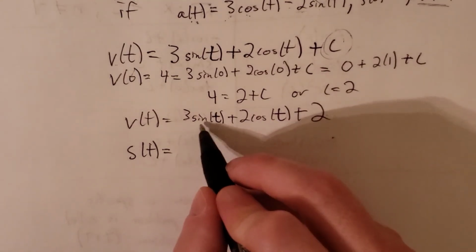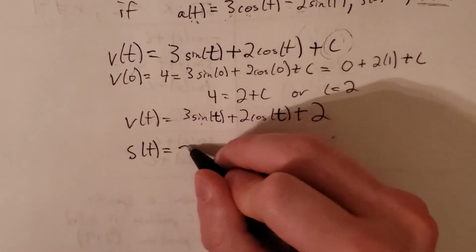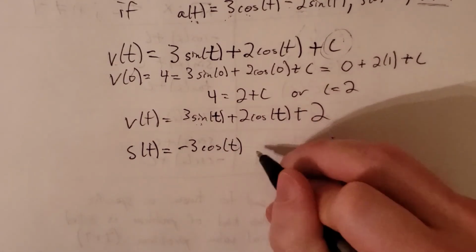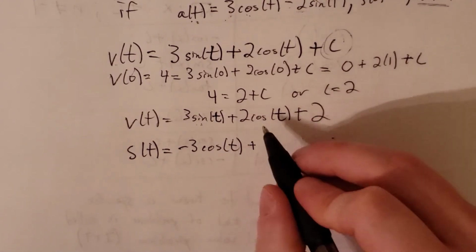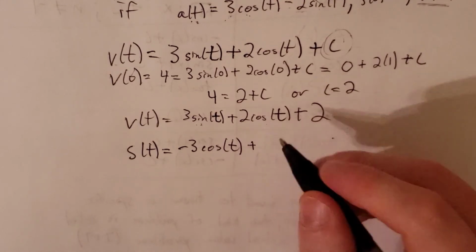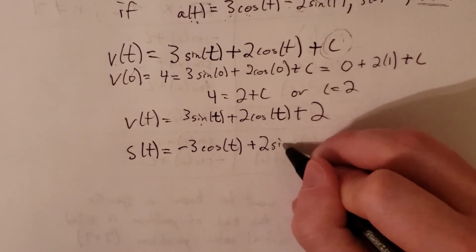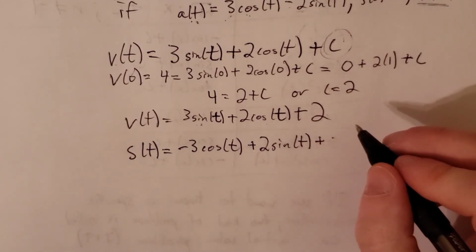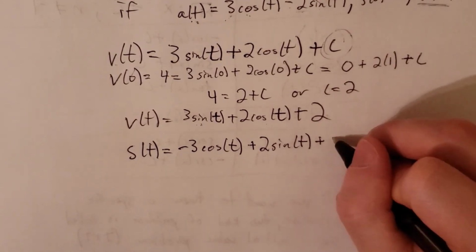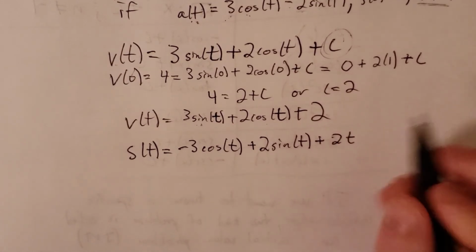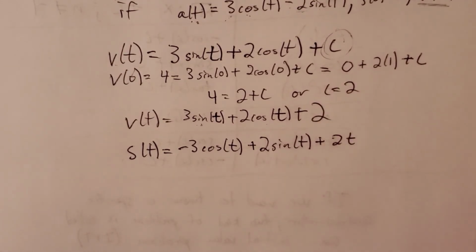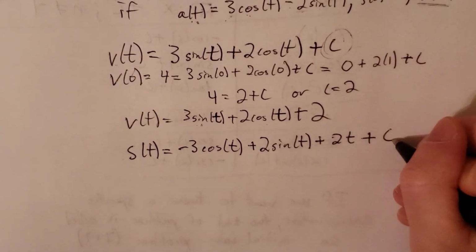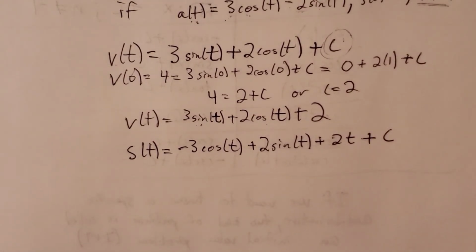In other words, the antiderivative of positive sine is negative cosine. And the derivative of sine is cosine, so the antiderivative of cosine is positive sine here. Antiderivative of a constant 2 is 2t, right? The derivative of 2t is just 2. And then, of course, we need to add some constant here, c.